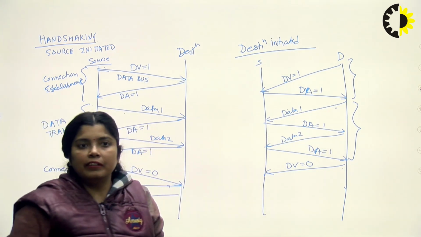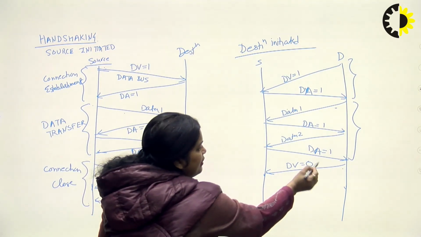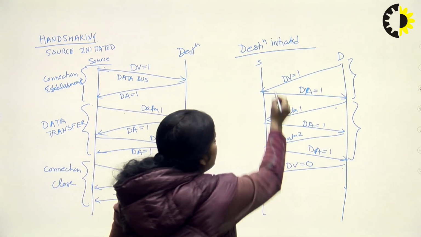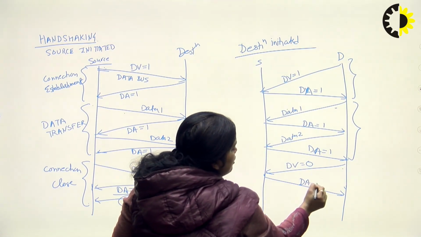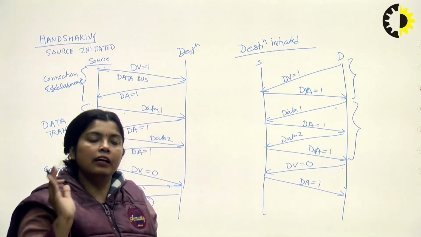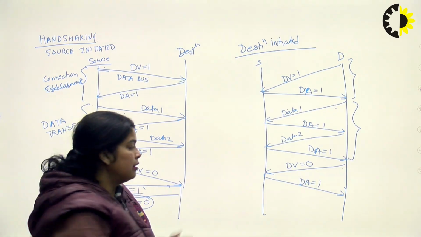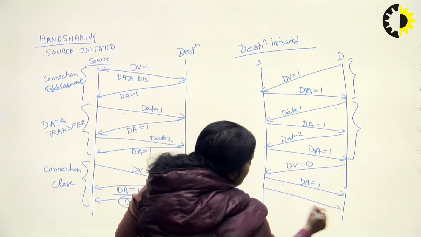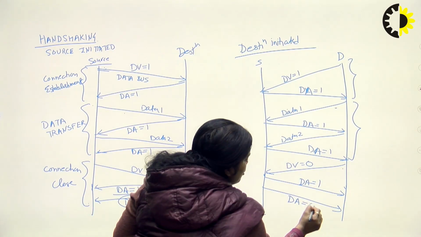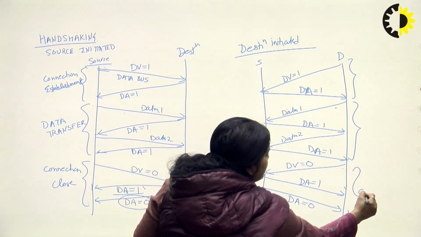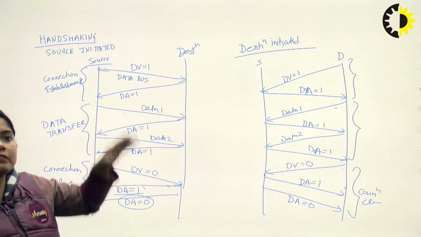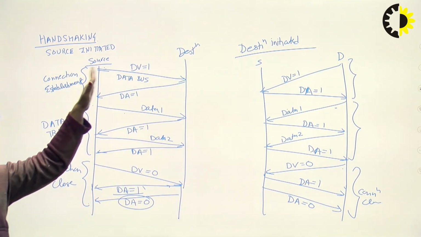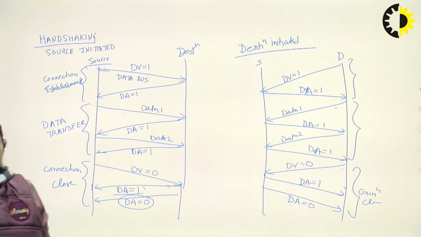Every data transfer is completed, so DV equal to 0. Now again, the source responds with DA equal to 1: I received your data and I agree with that. For agreement, it is sending DA equal to 0. Now with this, the connection closes. This is the handshaking with source initiated and destination initiated data transfer.